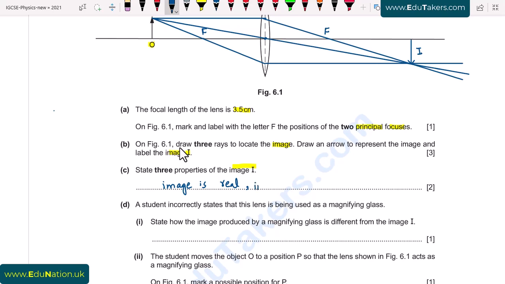Second, it is inverted, because the object is upward and the image is on the downward side. And enlarged. This means that the size of the image is larger as compared to the size of the object.